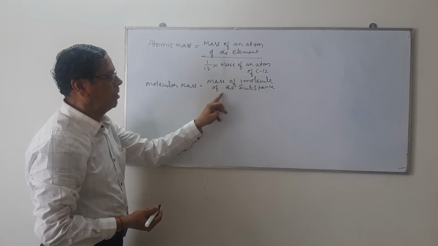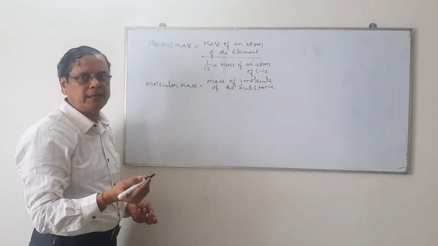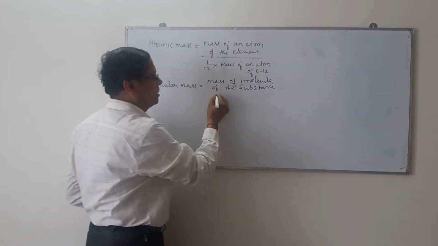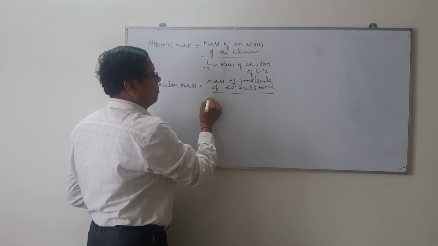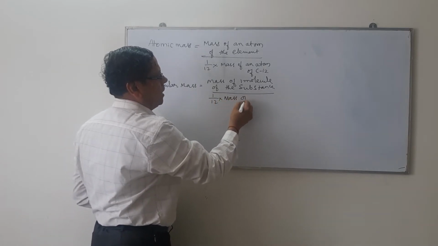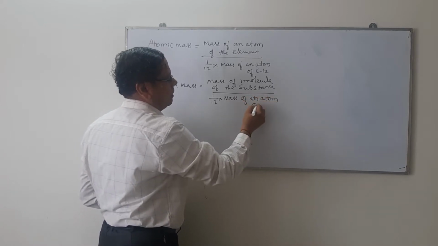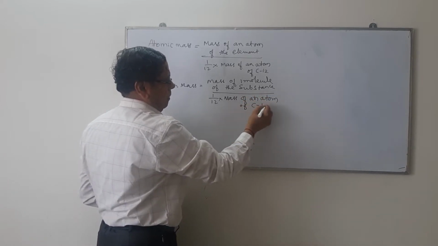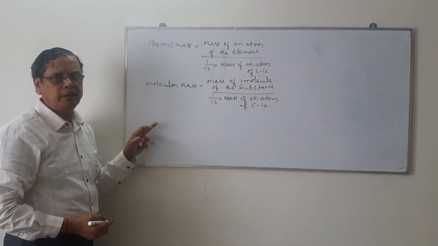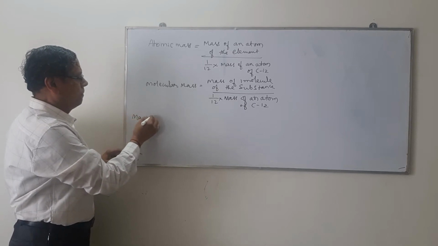So mass of one molecule of the substance, and similarly other compounds, for example carbon dioxide, water, etc., divided by 1/12 times the mass of one atom of the carbon 12 isotope.